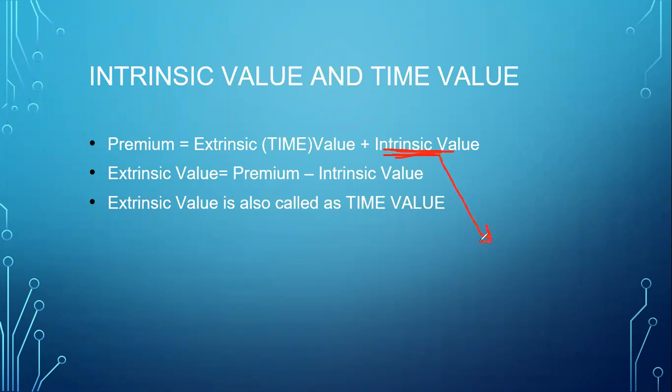Intrinsic value is not affected by the expiry much. It is the value which a strike price has in itself. Extrinsic value has variations depending upon how much time to expiry is there and the other Greeks. What are the other Greeks which we saw? We saw that the other Greeks are delta, theta, gamma, and vega.